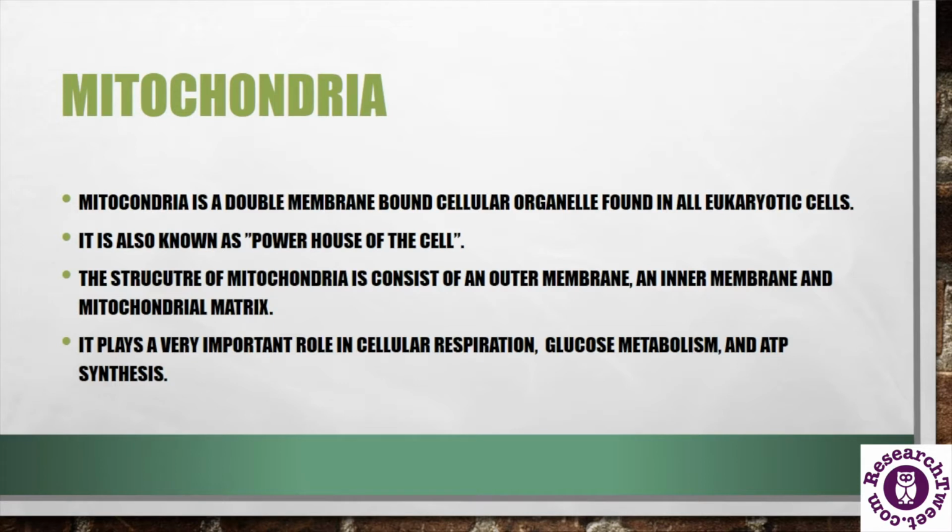Cellular respiration is the main pathway for glucose metabolism and ATP synthesis. With the help of the citric acid cycle and electron transport chain, both processes are completed in the mitochondrial matrix, and that's why it is considered one of the most important organelles of the cell.